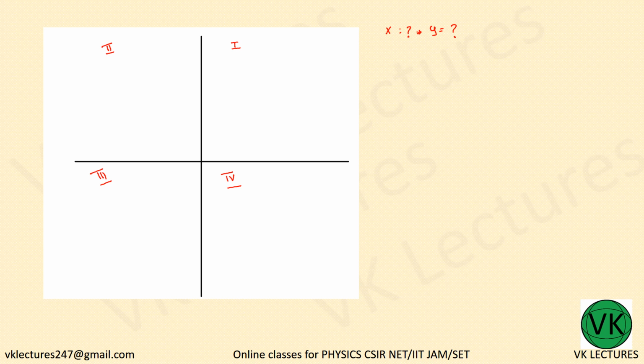For example, if the position of the particle is in the first quadrant, x, y both are positive; in the second quadrant x is negative, y is positive; in the third quadrant both x and y are negative; and in the fourth quadrant x is positive and y is negative. This is the general criteria of giving the positions.